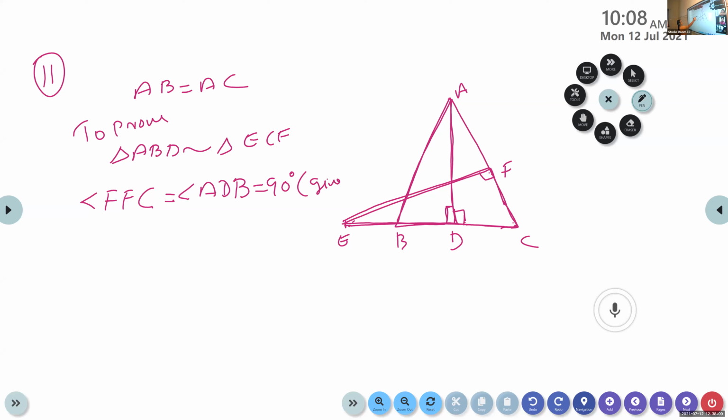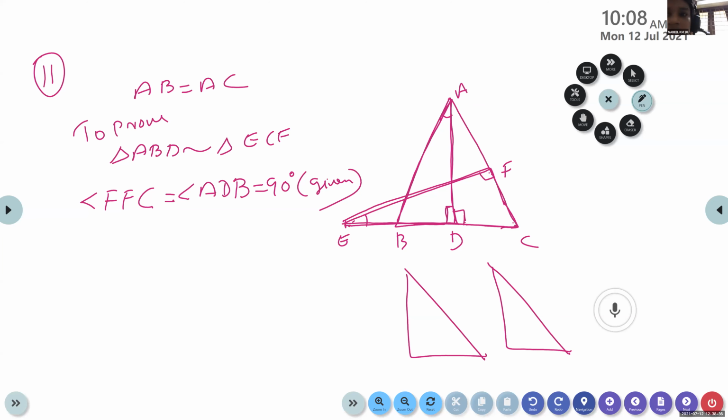Okay, then one angle. Ma'am, angle A and angle E. What is the reason? Angle A means this angle, and it must be equal to the angle E? Suppose this is a right angle, will they be equal?